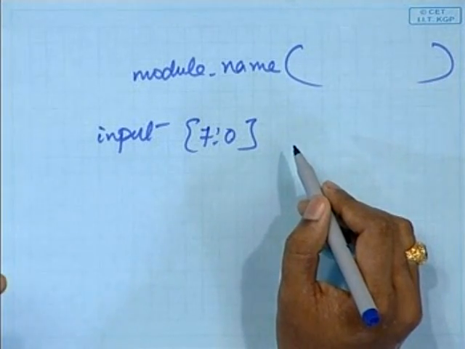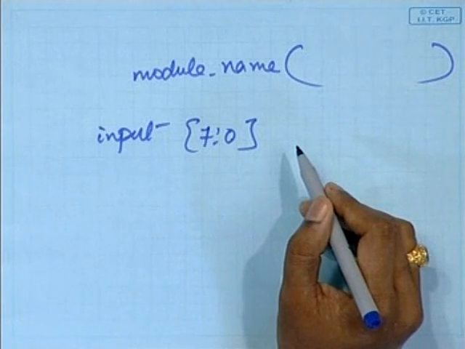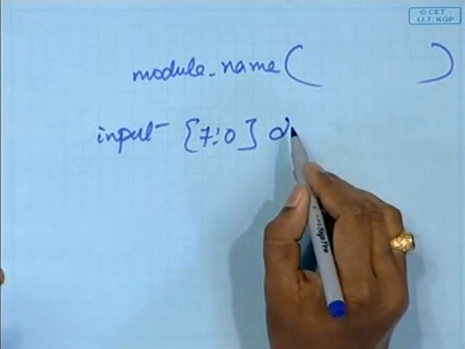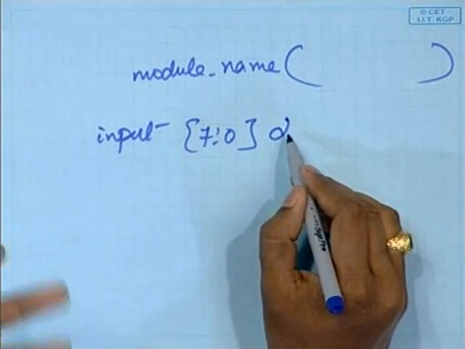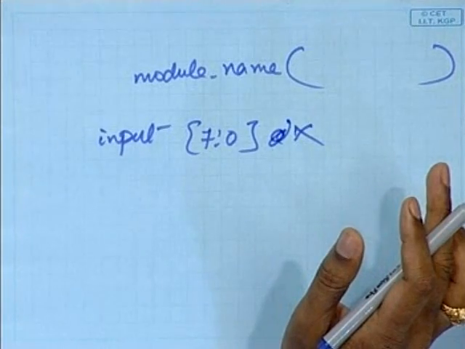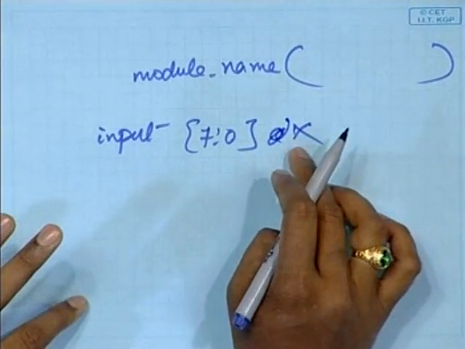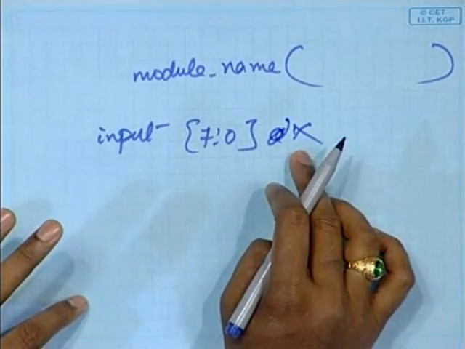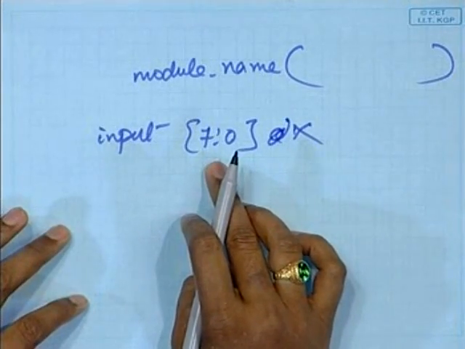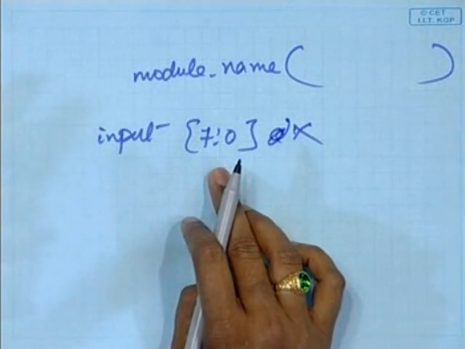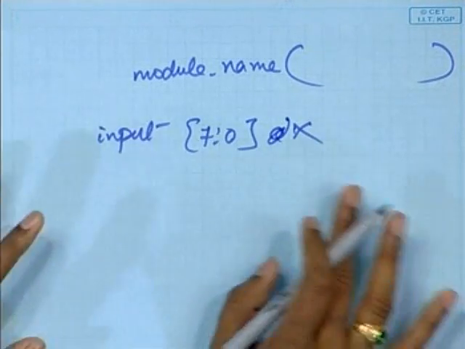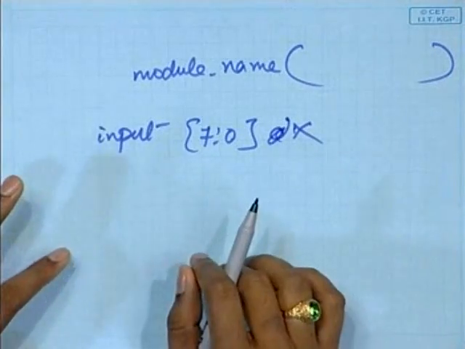Say in the flip flop my input pin is D, which is not a vector, and another, say X, is an input name with 8 bits. Similarly, you have to declare output and inout. I am not going into detail, I already explained.